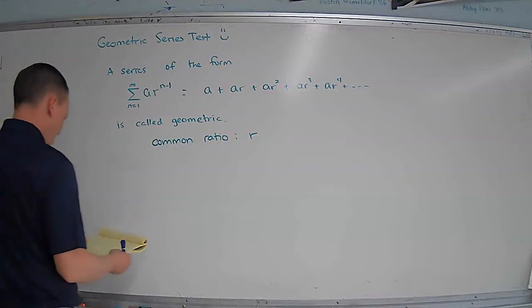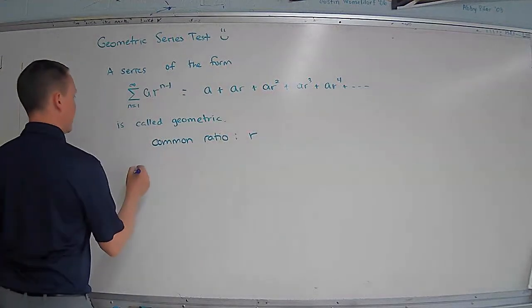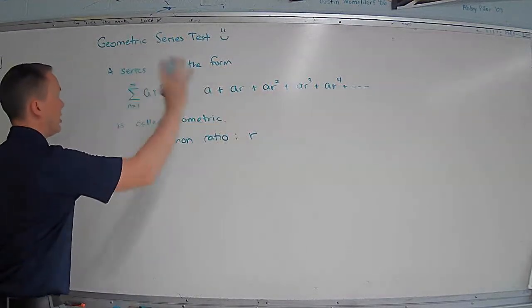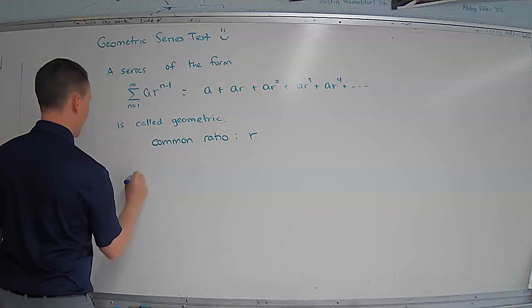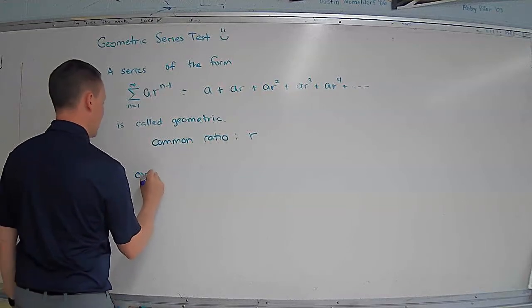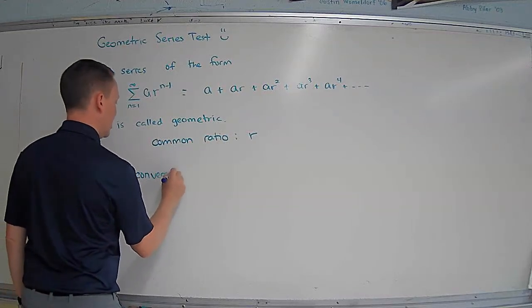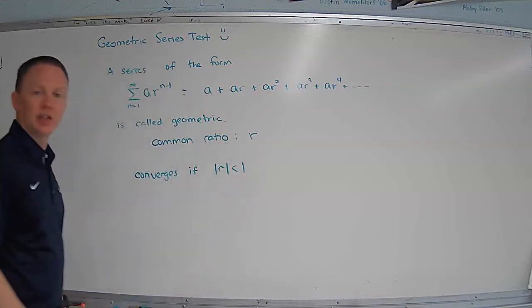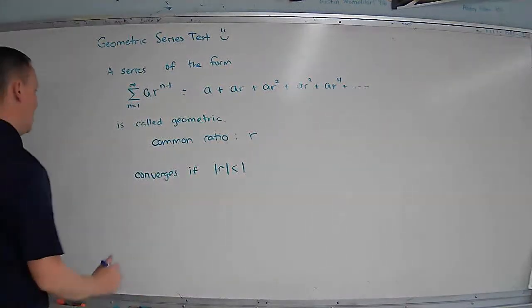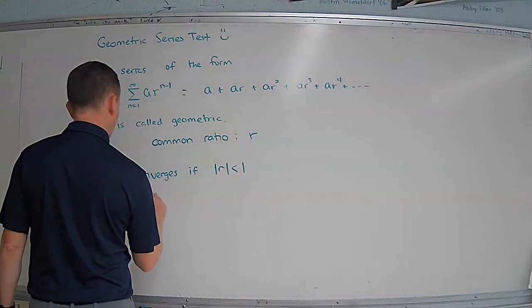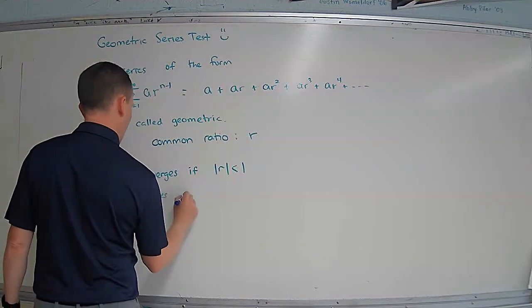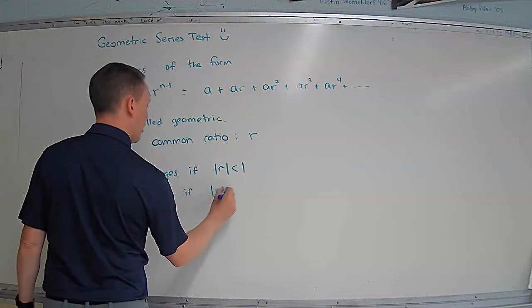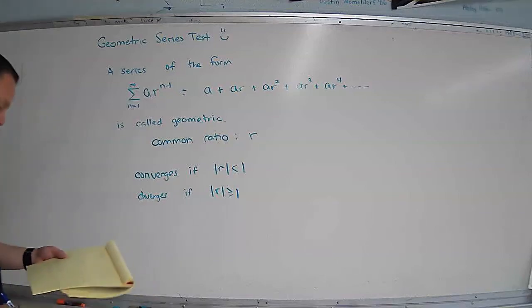All right. Here's the deal. If we've got a geometric series, okay, very simple. A geometric series converges if the absolute value of the common ratio is less than 1, okay? And it diverges if the absolute value of the common ratio is greater than or equal to 1. Okay?